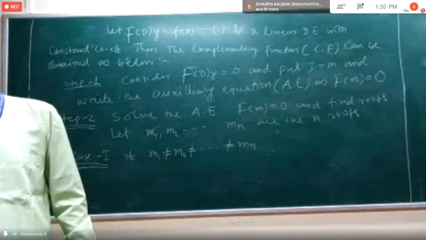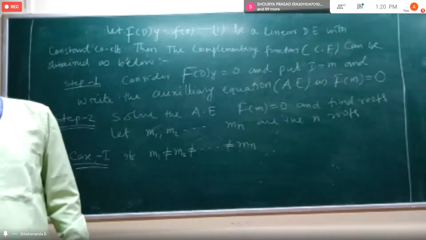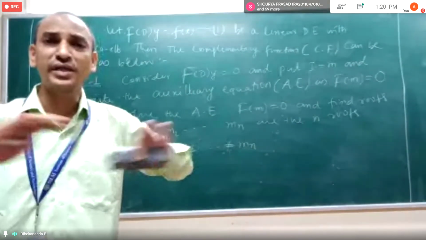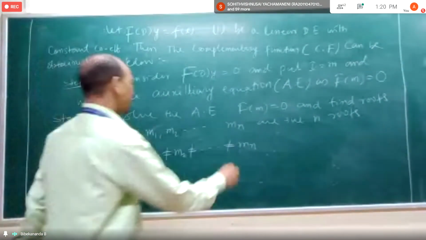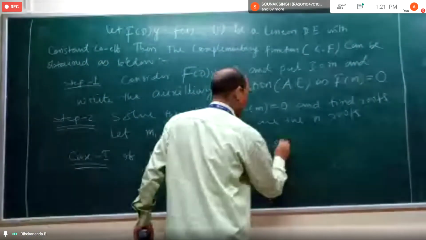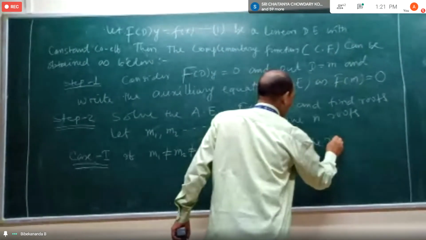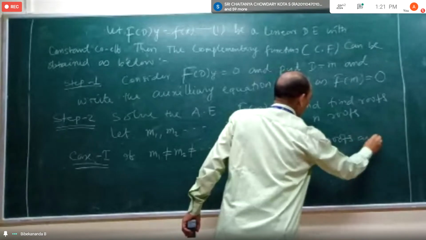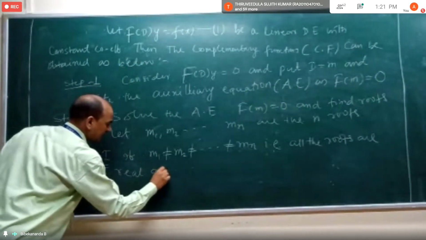If the roots are unequal, all the roots are different, all the roots are distinct. So you write that all the roots are real and distinct.